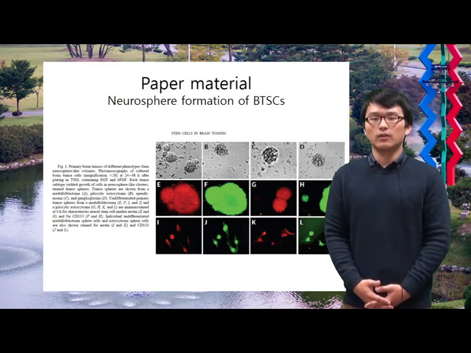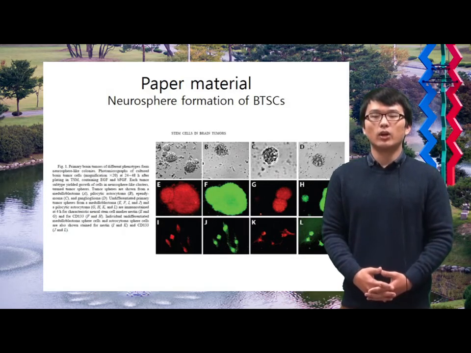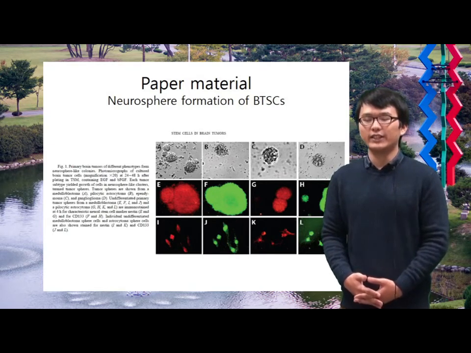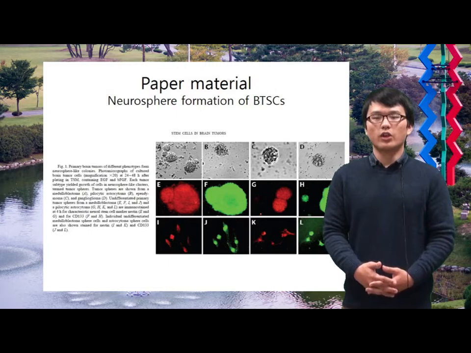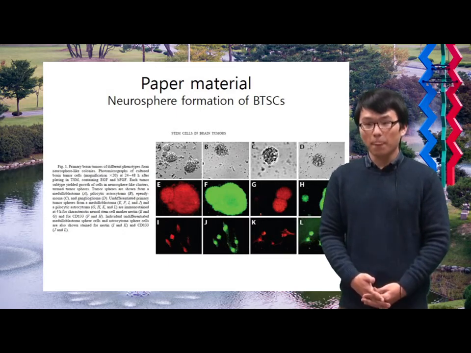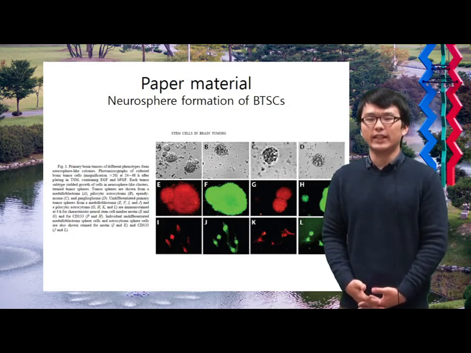The first row shows in vitro images of each primary cancer cell. The second row is a tumor sphere image stained for nestin and CD133. The third row shows differentiated cells, also stained for nestin and CD133.